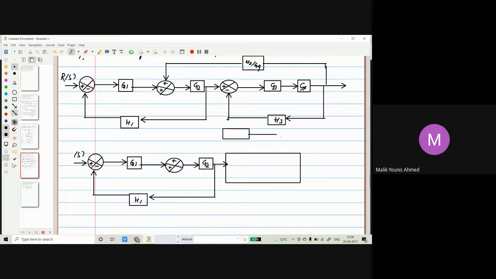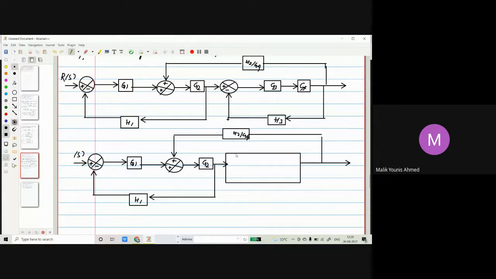So this way it will be here. And then feedback, output. Now this is as usual H2, G4.